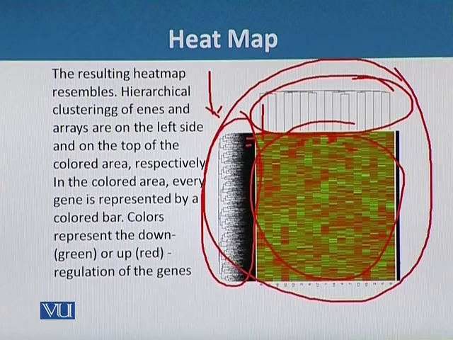And if a gene has a red bar, it means that its expression is up regulated in comparison with the control. So we can make sense very easily by seeing this heat map that some genes are down regulated and some genes are up regulated, and this comparison is in comparison with the control.